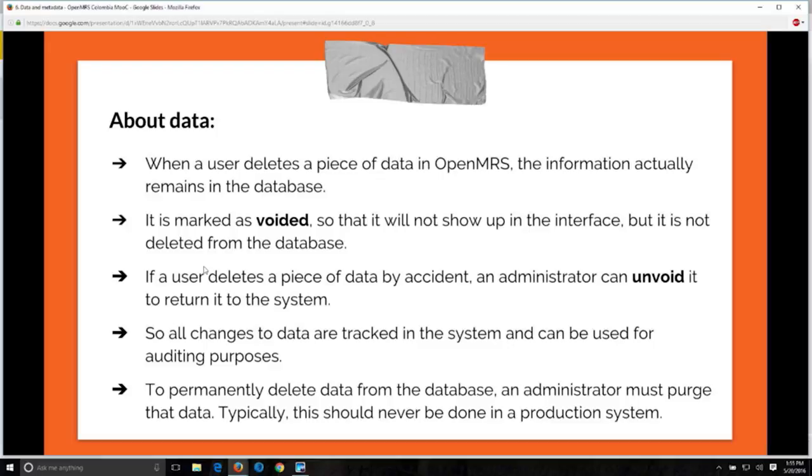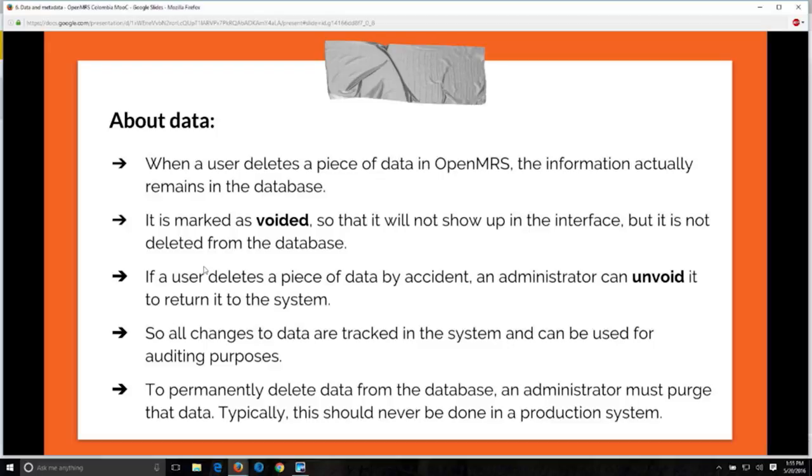All changes to data are tracked in the system and can be used for auditing purposes. Anyone who changes any information, that person's information is also stored. So, there are things like voided by and voided date that are also stored in the data model as part of the row for observations. To permanently delete data from a database, an administrator can also purge data.